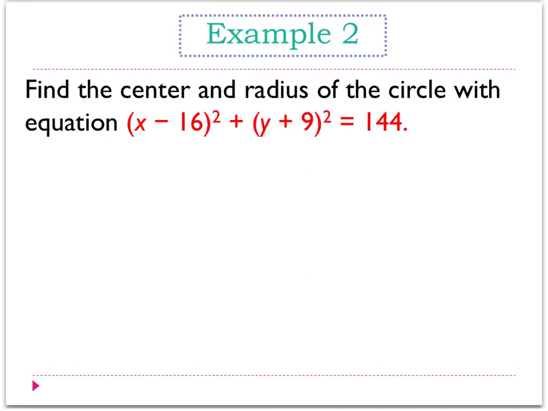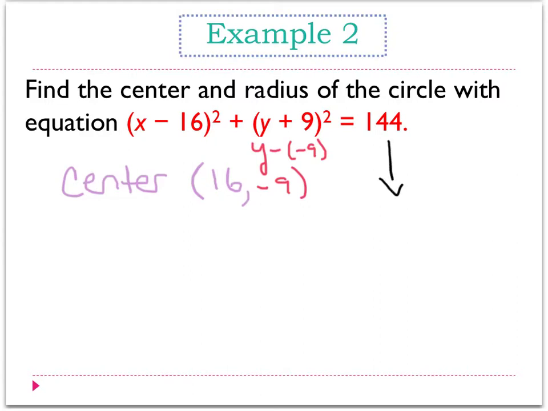So going backwards here, we want to take the equation and extract the center and the radius. If I see a minus sign here, that means I must have plugged in a positive 16. So my center here is going to be a positive 16, and if I see a +9 here, that means at the very beginning I must have done y minus -9, which means my center is at (16, -9), and this guy right here is actually r squared.